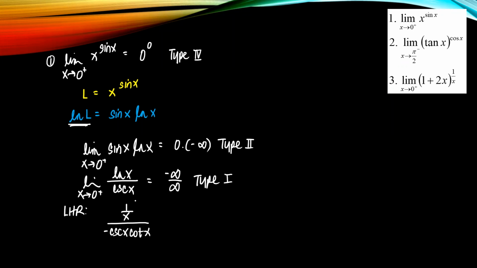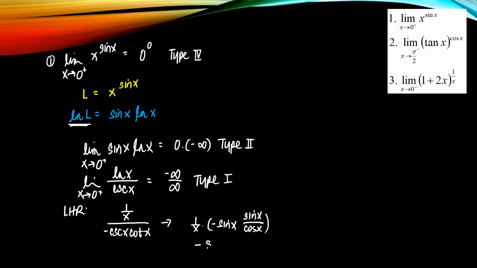Maybe we can fix this. What is cosecant, guys? Isn't it 1 over sine? And cotangent is cosine over sine. So it becomes sine over cosine.